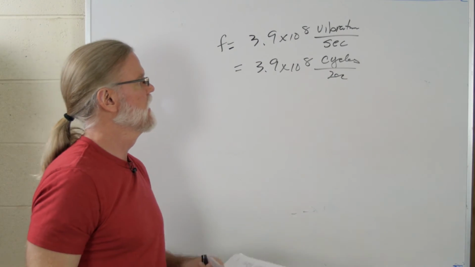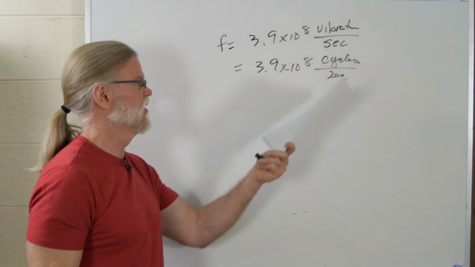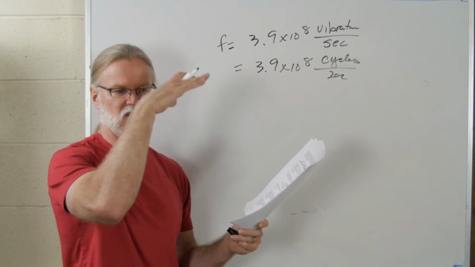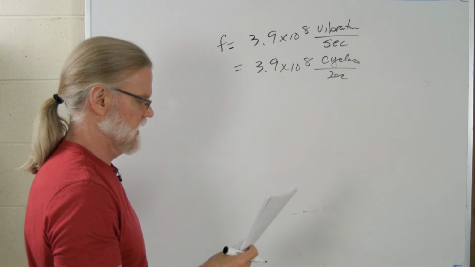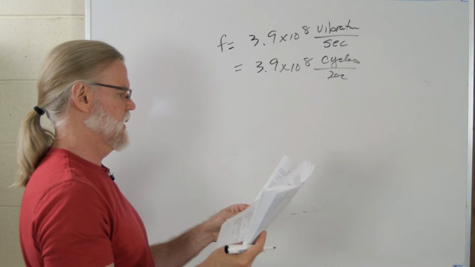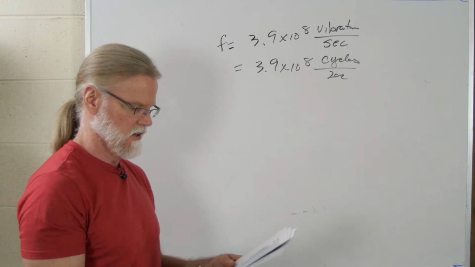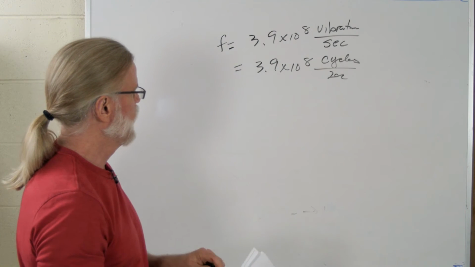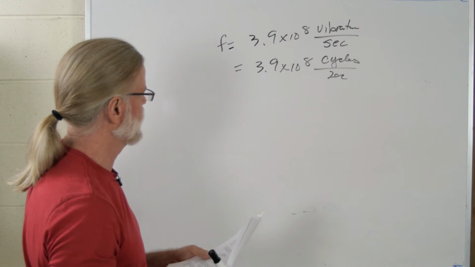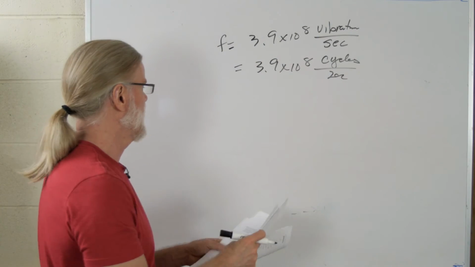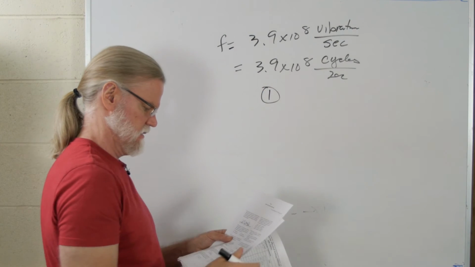I could use a better wave term there, cycles. Okay, so these oscillations are going to cause an electromagnetic wave. All electromagnetic waves are due to accelerating charged particles. So let's see. What wave has 3.9 times 10 to the 8th cycles per second? It's looking like radio waves. That's one radio wave, I guess.